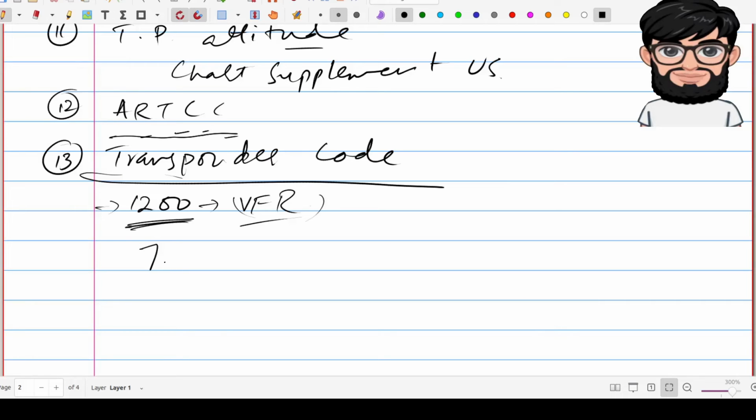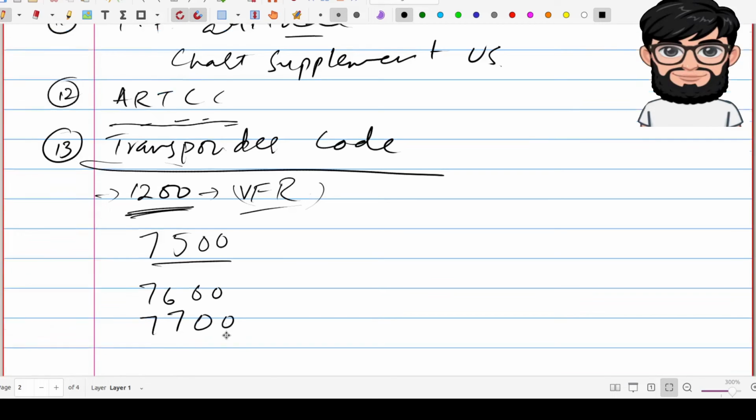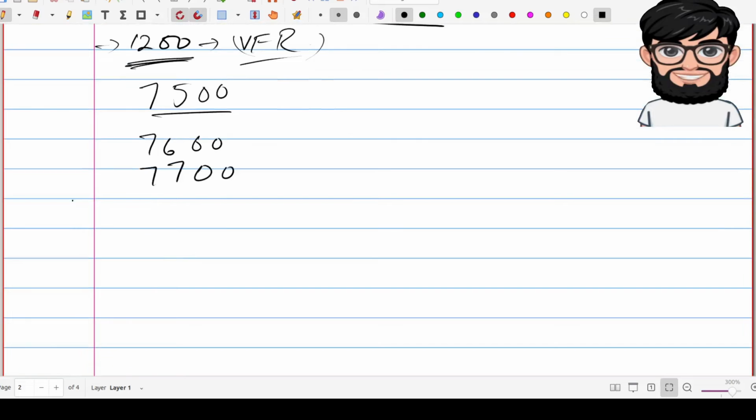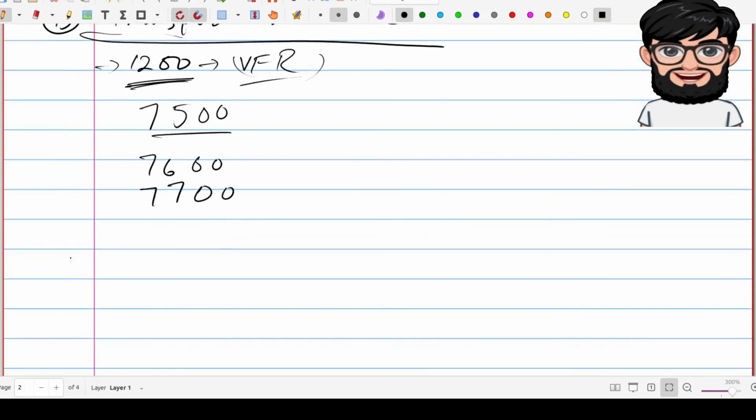If you have been hijacked, you will squawk 7500. If you have communication failure, you will squawk 7600. If you are in an emergency, you will squawk 7700. Other than that, ATC is going to tell you what code you should use.